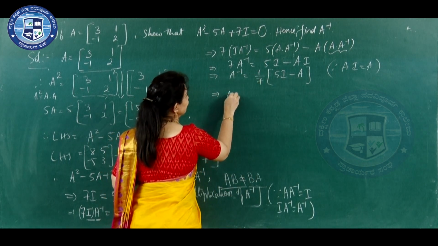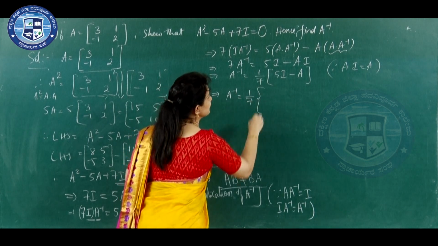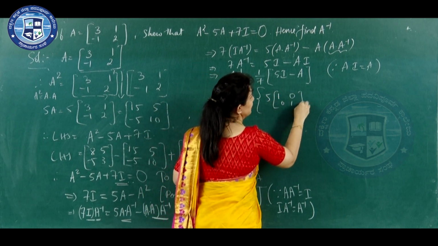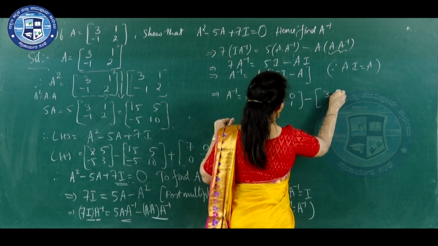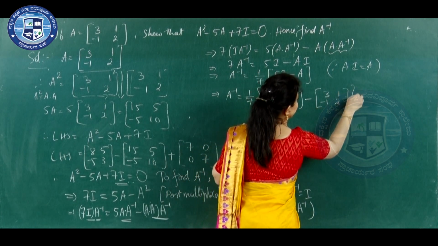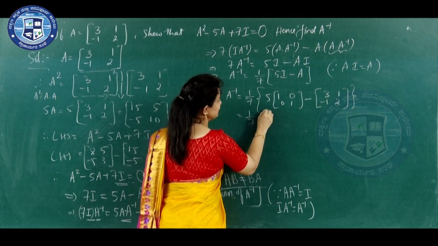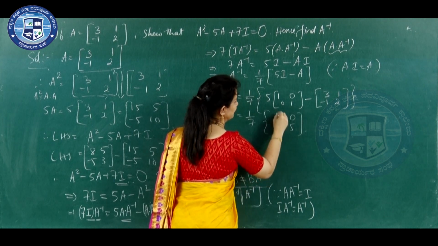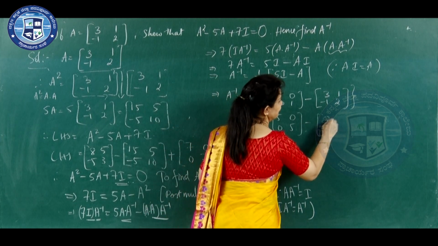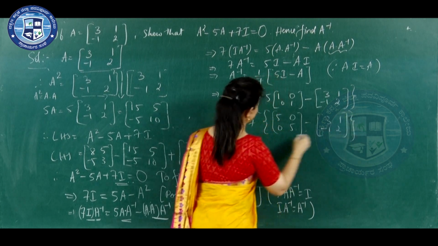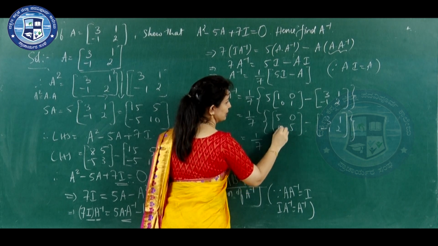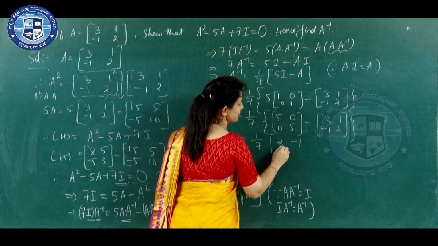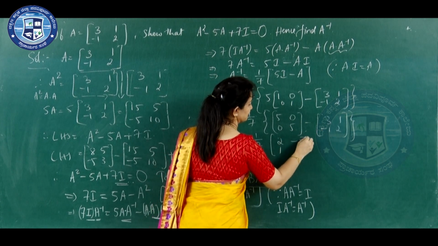So A inverse is 1 by 7 into 5 into the identity matrix, 1 0 0 1, minus A, which is given as 3 1 minus 1 2. It is written as 1 by 7 into 5 0 0 5 minus 3 1 minus 1 2, which is 1 by 7 into 5 minus 3, that is 2, 0 minus 1, which is minus 1, 0 minus of minus 1, plus 1, and 5 minus 2 is 3.